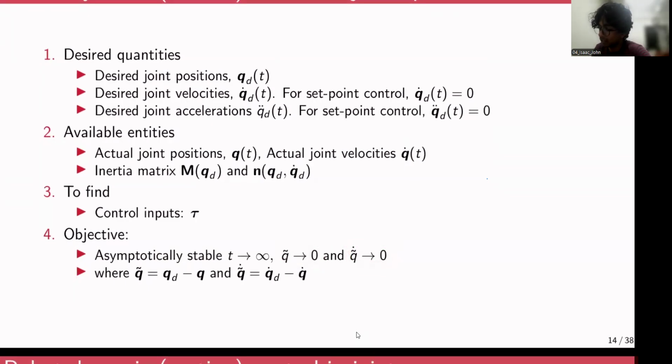The q tilde is q desired minus q, and q tilde dot is q desired dot minus q dot, right? So as time t tends to infinity, the error in position and velocity should tend to 0.